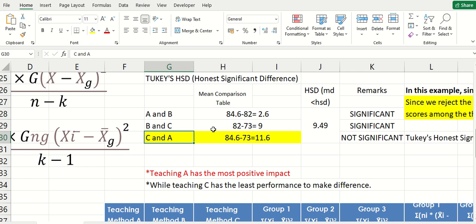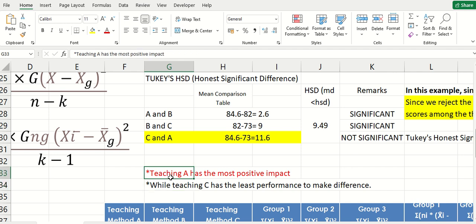Since A has the highest mean, teaching method A is the one that contributed the most positive impact, while teaching method C has the lowest performance since it has a lower mean of 73.